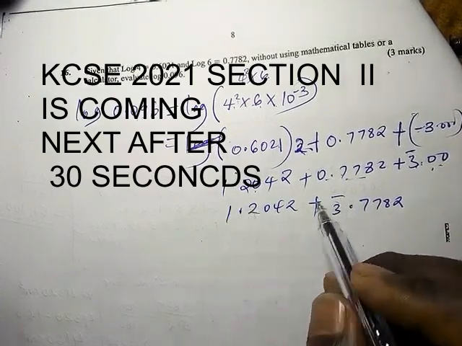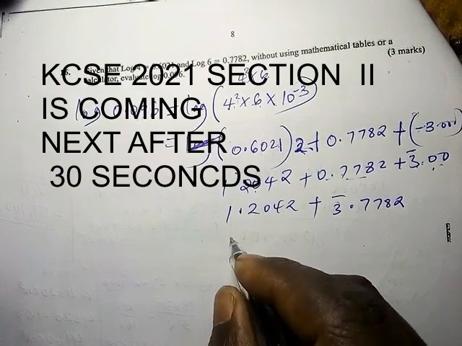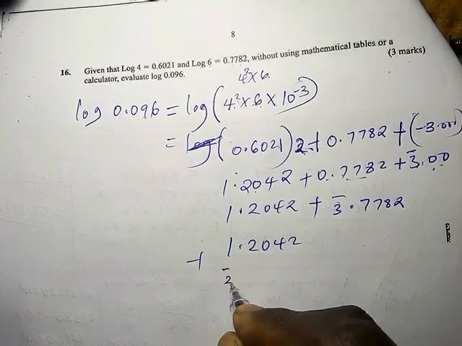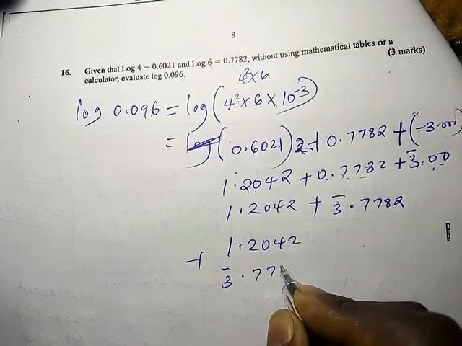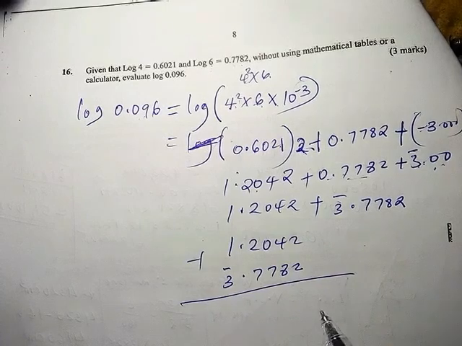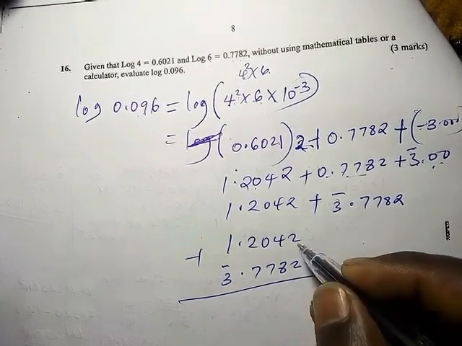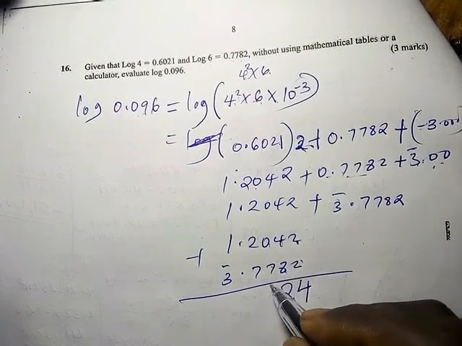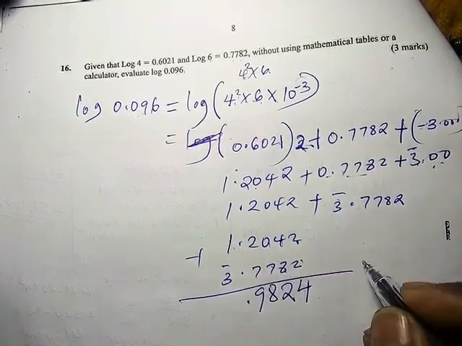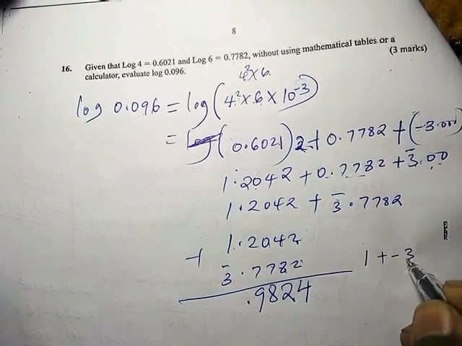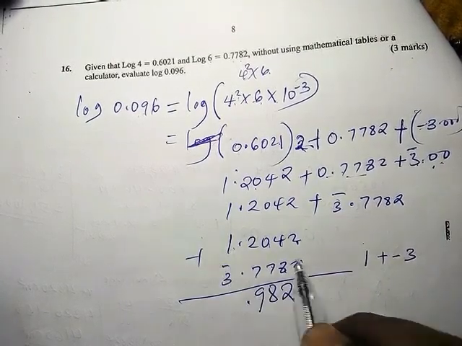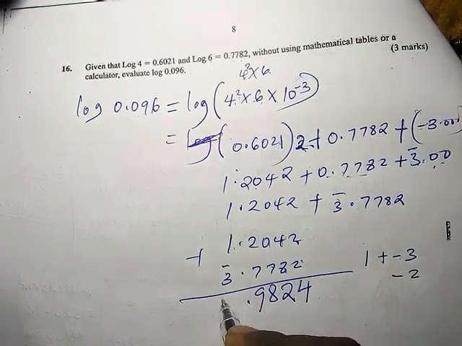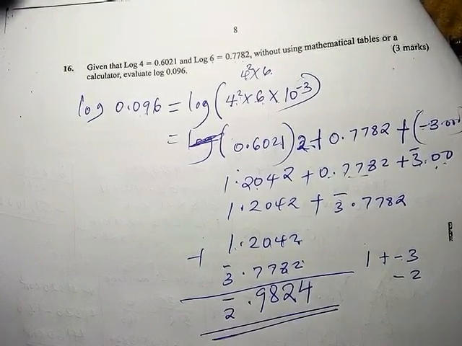Now we are adding this one: 1.2042 plus bar 3 .7782. This plus this 4. This plus this 12, carry 1, 8, 9. This is 1 plus negative 3, right? The answer is going to be negative 2. So the answer is bar 2, and that is the answer.